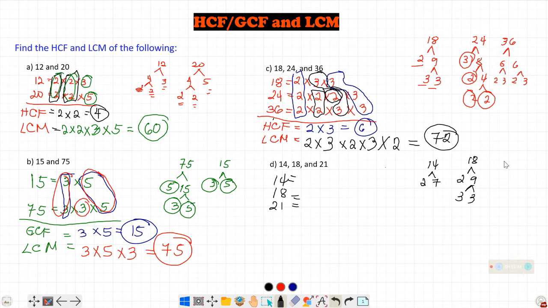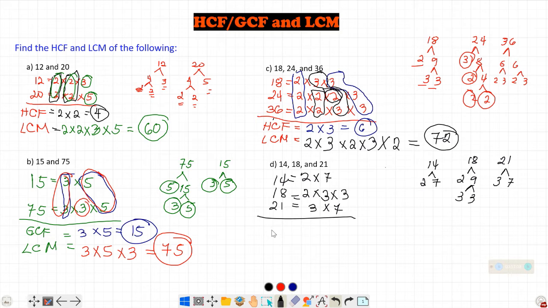And then for 21, it will be 3 times 7. Okay, now that we know all the factors, let's write it here. So 2 times 7 for 14, and then for 18, that will be 2 times 3 times 3, and for 21, that will be 3 times 7.